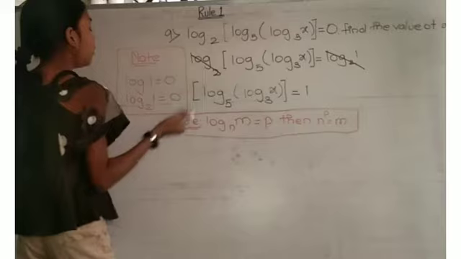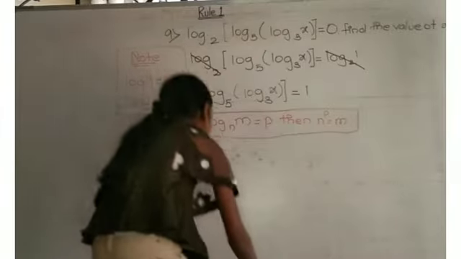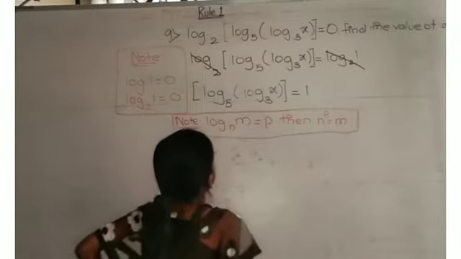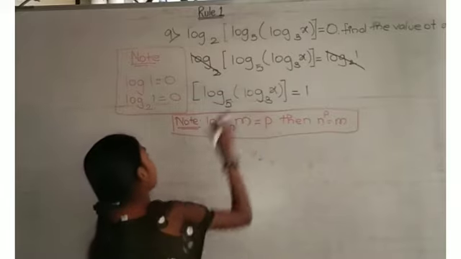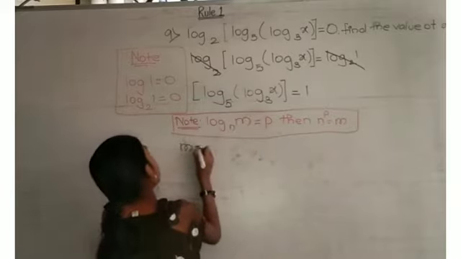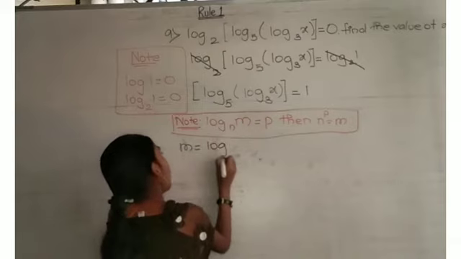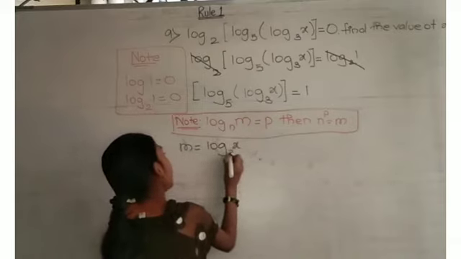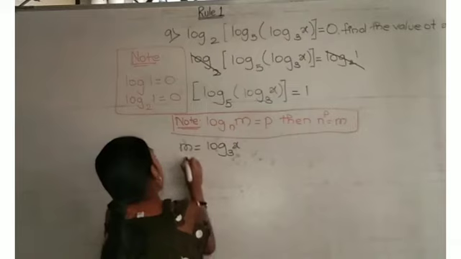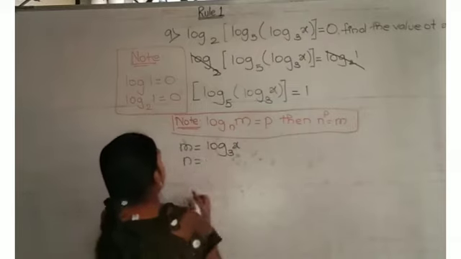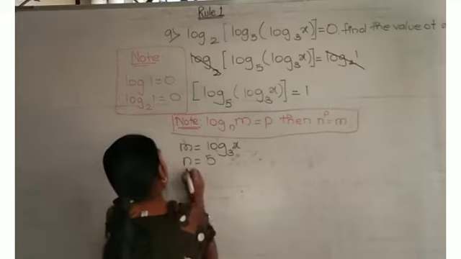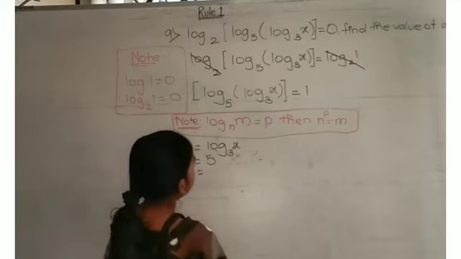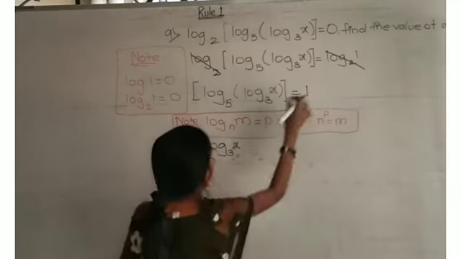So here, m is equal to this much part. So m is equal to log x to the base 3, then n is equal to 5 and p is equal to 1.